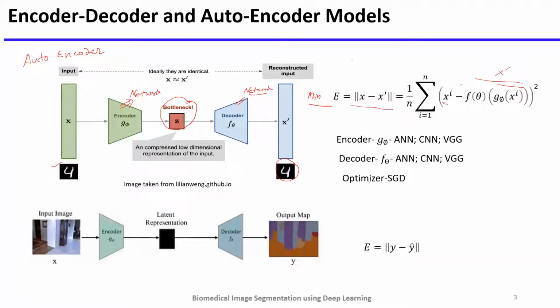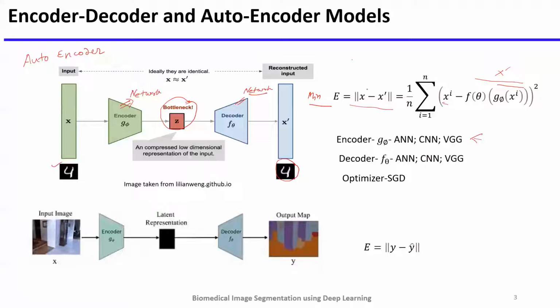So we want to reduce the error between each image and its corresponding decoded image, and in the bargain, get a compressed representation of the input. As I said, the encoder and decoder could be NN, CNN, VGG, or any other network you can use.